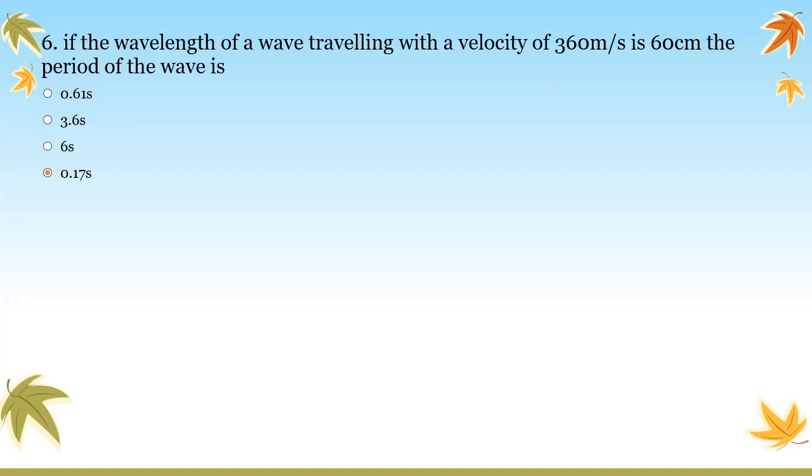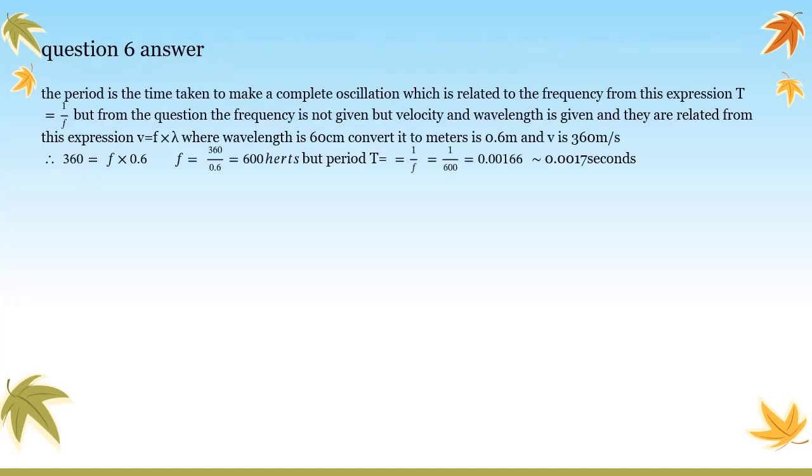6. If the wavelength of a wave traveling with a velocity of 360 m/s is 60 cm, the period of the wave is? The period is the time taken to make a complete oscillation, which is related to the frequency. From this expression T equals 1 over f, but from the question the frequency is not given, while velocity and wavelength are given, and they are related.